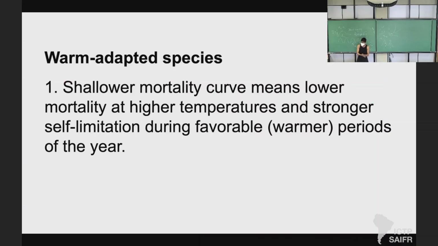So it has lower mortality at higher temperatures, and lower mortality means stronger self-limitation for that species during the time that's favorable to itself. It's never as high as this one, but all you need is for it to be sufficiently strong relative to the interspecific effect, which we now know is weaker because the cold adapted species doesn't do well here. Okay?